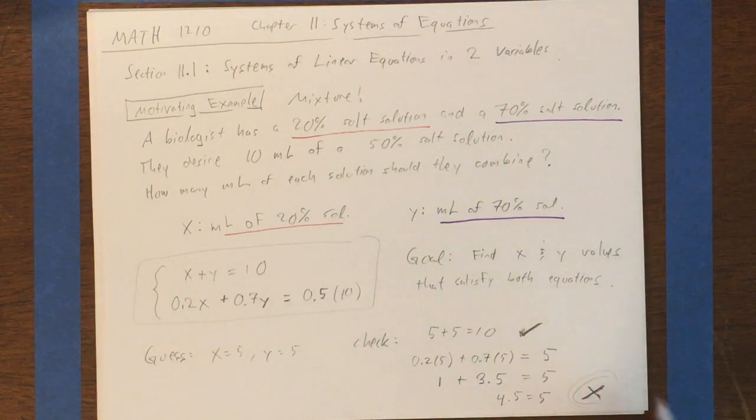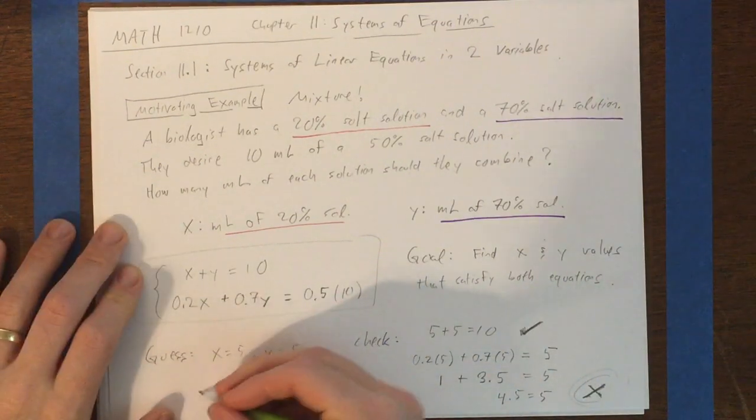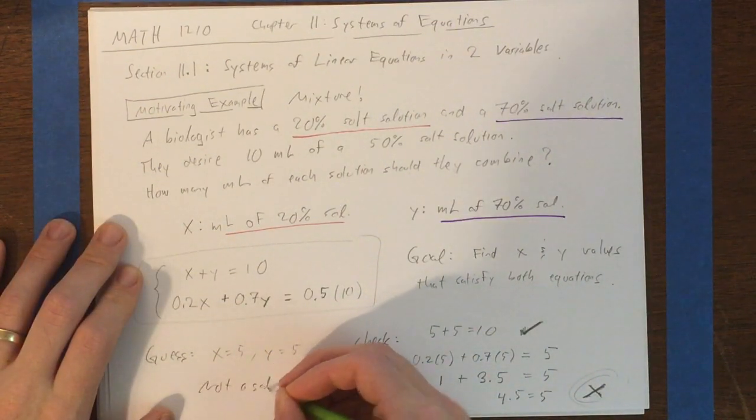So, like I said, guess and check, not a good strategy. It's hard to do. But this is how, if you were given a pair of numbers, you could check to see if it is a solution to the system. You have to take those numbers and stick them into both equations, and they both need to be true in order for this to be a solution. So, not a solution to the system.